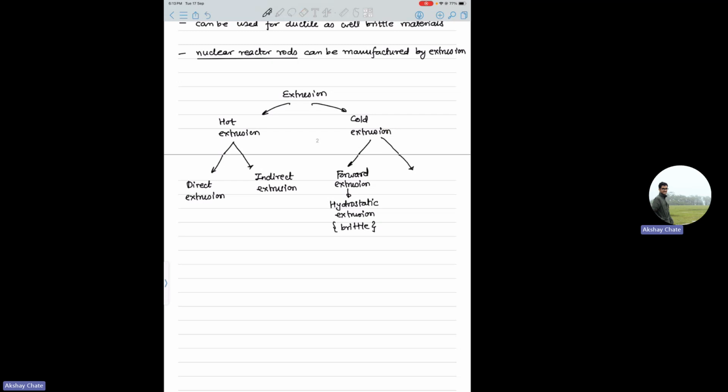And then you have the fourth category, backward extrusion, which is like an indirect extrusion only. But here you don't operate at higher temperatures. You basically use impact energy to carry out the extrusion.